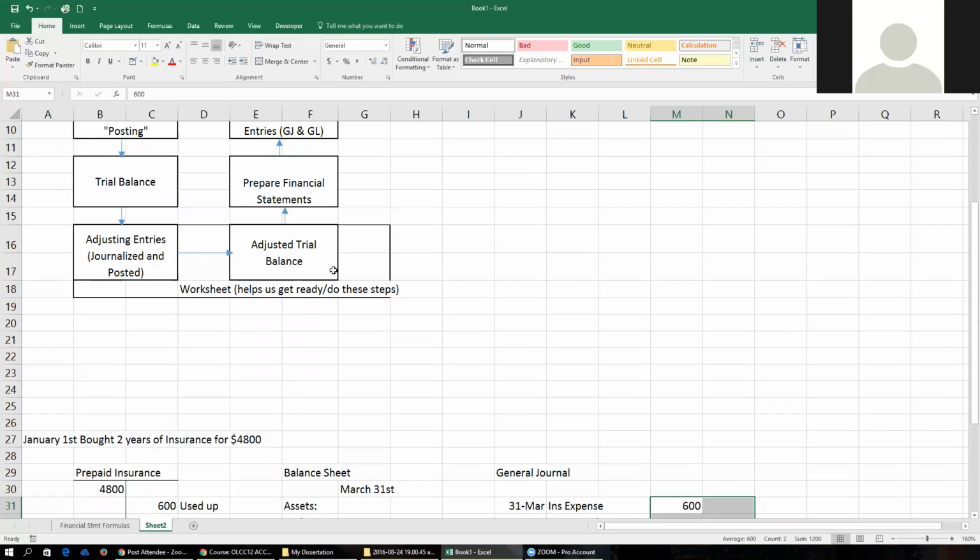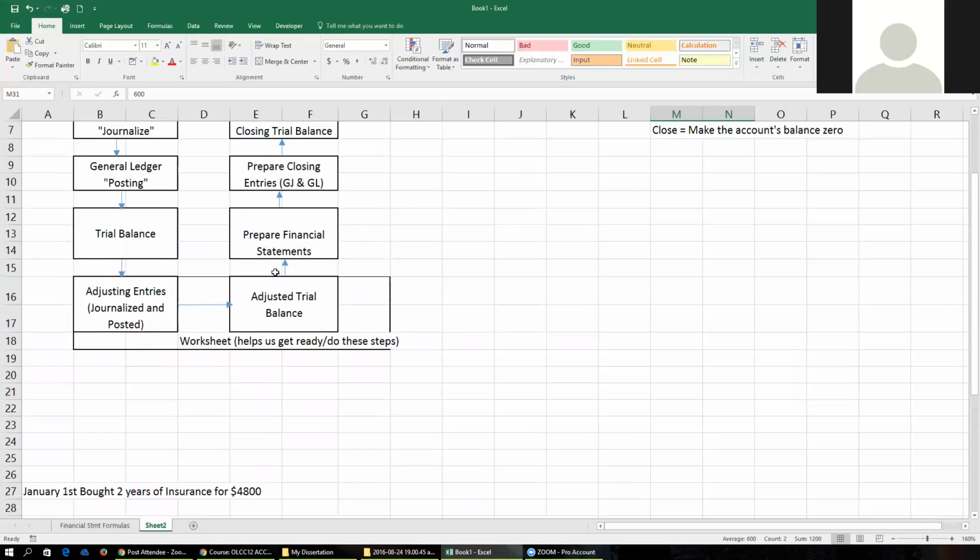Once that adjusted trial balance balances and you're okay, then you can make the financial statements that are going to go out to all your people involved in your business. It might be creditors, it might be unions that are involved, might be government agencies, might be stockholders. Lots of people need to see your financial statements.